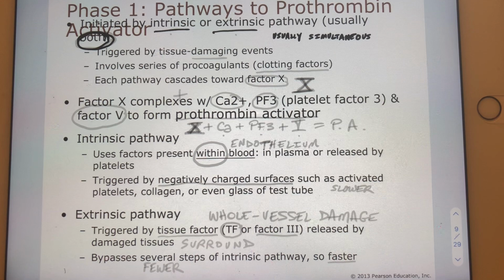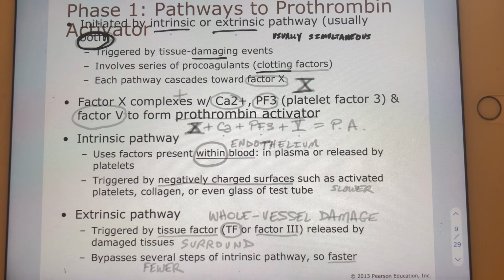All right. Either pathway is prodded by damage, but that's obvious because vascular spasm doesn't occur unless vessels are damaged.